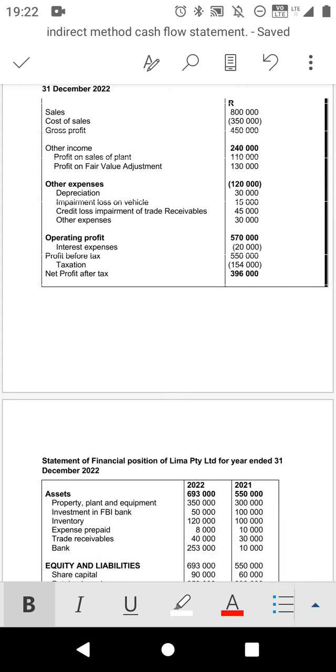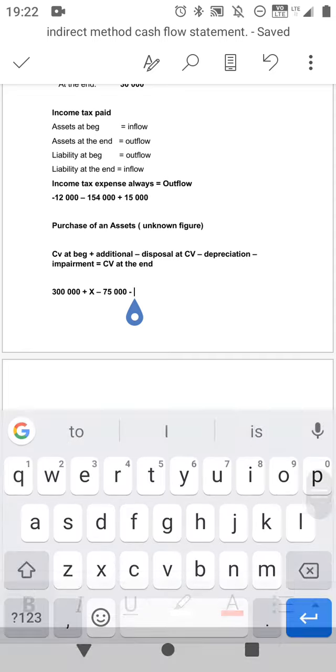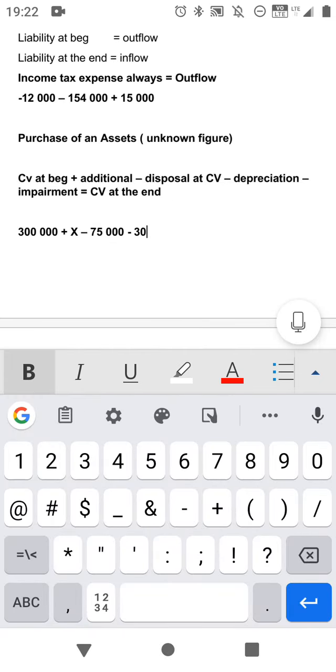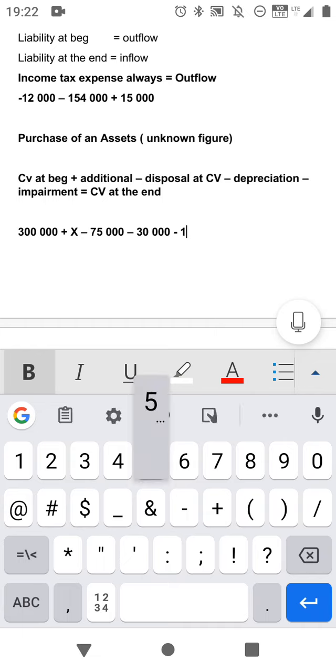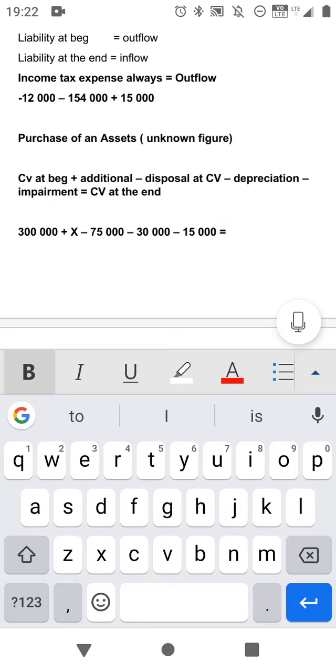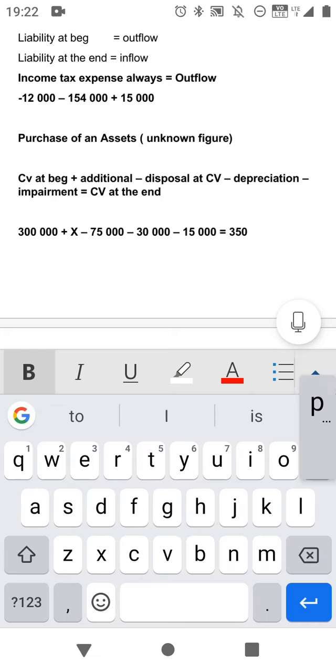Then impairment loss on vehicle or on any assets, we have it is 15,000, which means we have to subtract 30,000 and we also subtract 15,000 of impairment. It will be equal to carrying value at the end, which is 350,000. Then now, what is the next step?